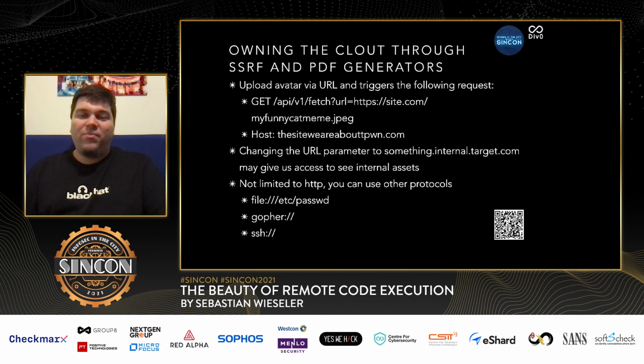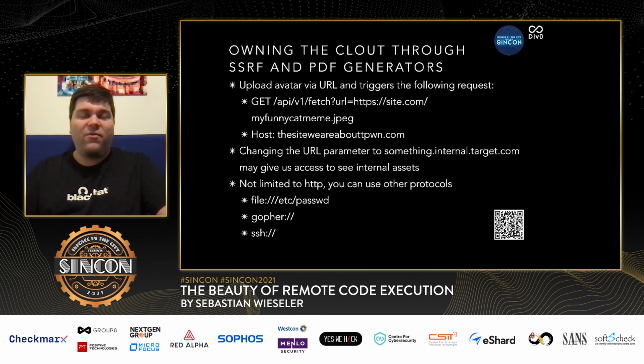And if you are interested in learning more about SSRFs, then I think those slides from Nahamsec were really interesting, how they used PDF generators to render pages and retrieve information from the internal network, right?